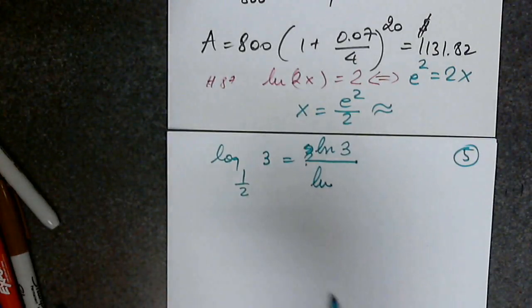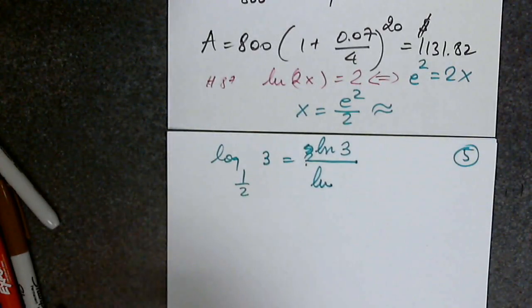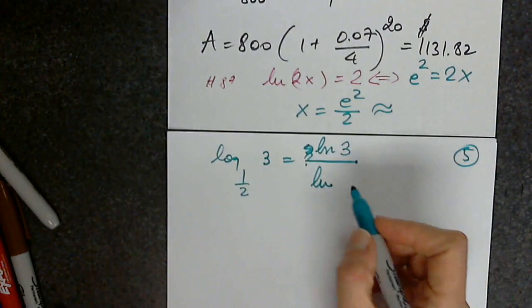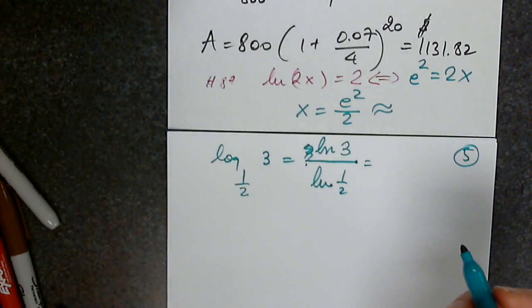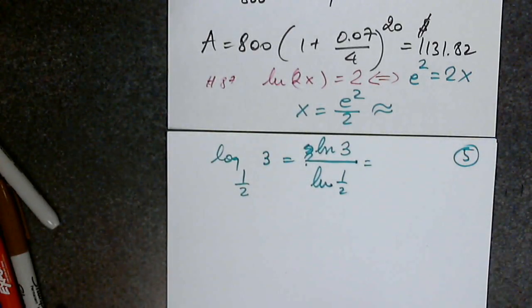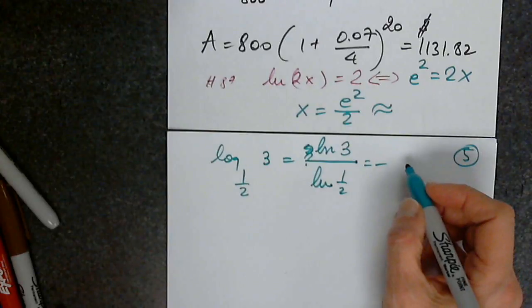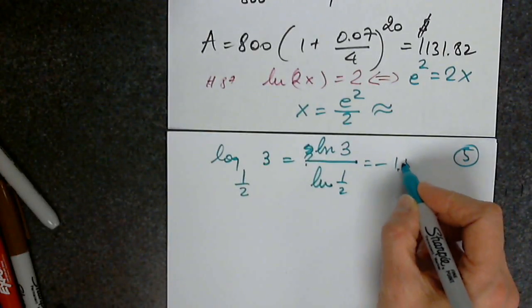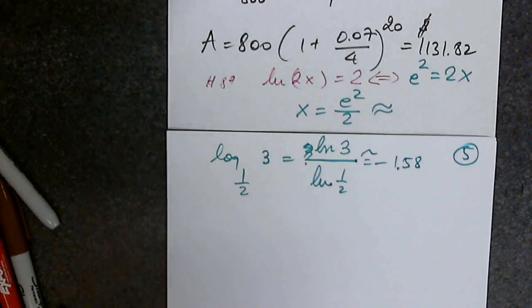And the denominator is also the same log, but this time of the previous base, which is 1/2. And you will get the same number. I don't remember what I got. Negative 1 point 5, approximately.